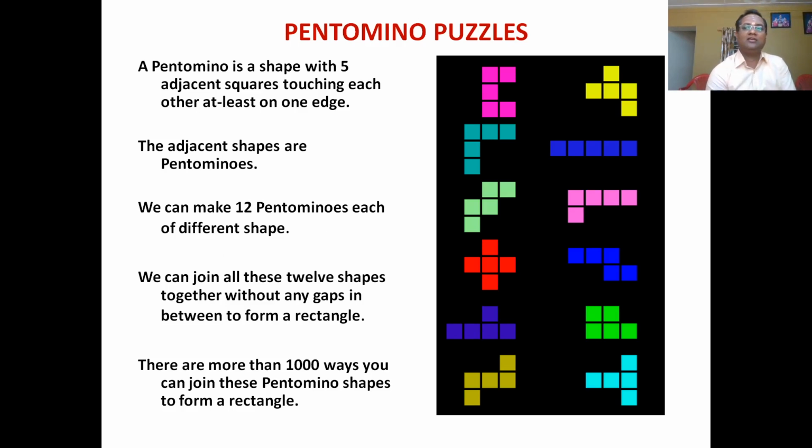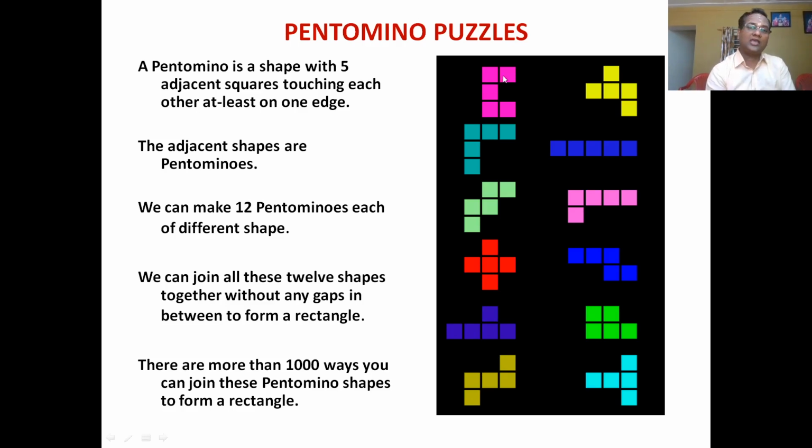To make it easy to remember, if you just tilt it and see, this is making F, this is I, this is L shape, this is N shape, this is, you can say, D shape, okay, this is T, or you can say this as J shape also, this is U, this is again L, this is W, this is X, this shape is making Y, and this shape is making Z.